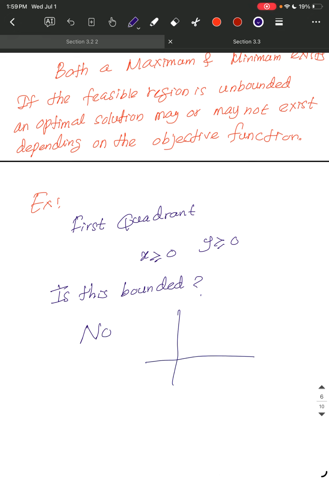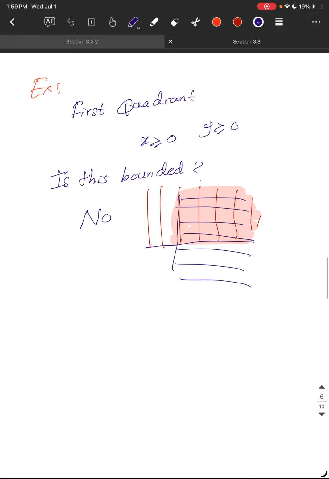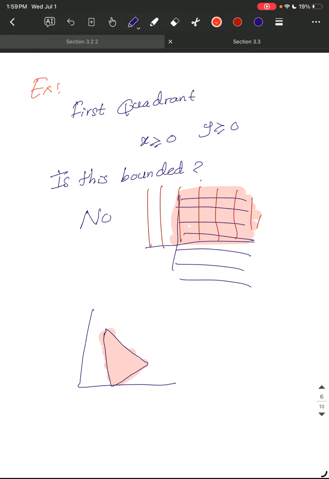Because x greater than 0 and y greater than 0, the feasible region, the first quadrant, is unbounded. Second, let's say the feasible region is this. Then is this bounded? Yes.